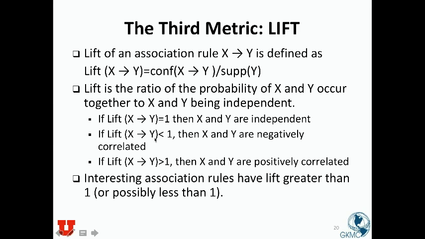When the lift value is less than 1, it means that compared to the probability that x and y happen independent of each other, the joint probability of x and y actually observed is even lower.